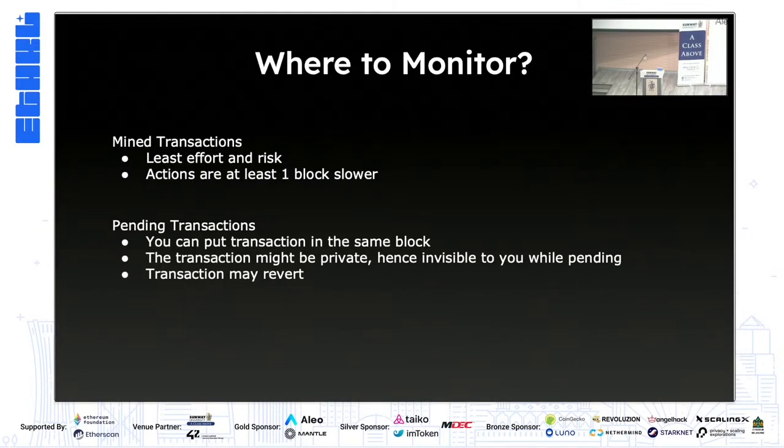But the problem is the transaction that you want to follow might not end up in the public mempool because they can send what's called a private transaction that does not go through this path. And if you were to just look at pending transactions, you wouldn't see anything there. Also, because these transactions are pending, not confirmed, they may actually revert when actually executed. So it carries a bit of risk if you try to follow that.